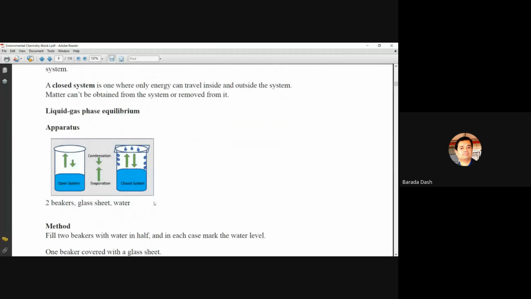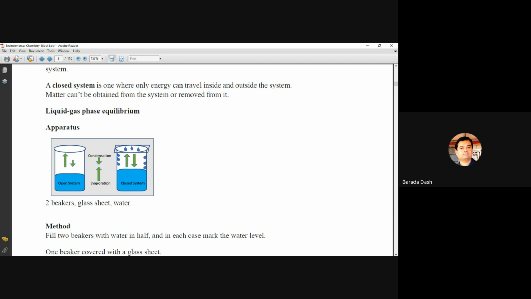Another topic is open system and closed system. Open system means you are taking a beaker without a cover. If you cover it, it becomes a closed system. And if you keep the water inside the closed system, then there is a possibility of condensation.